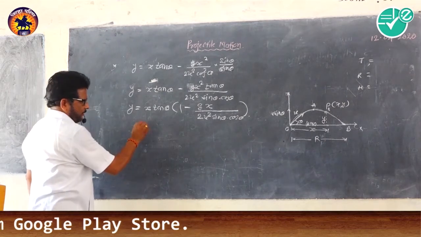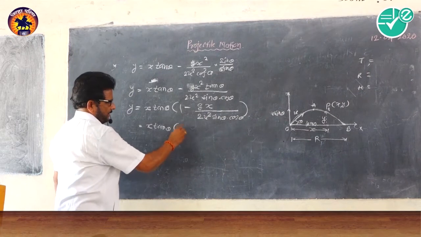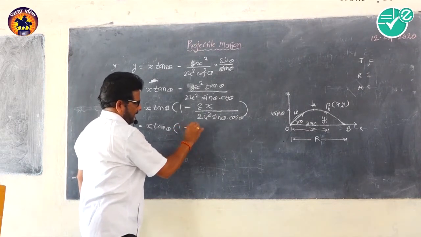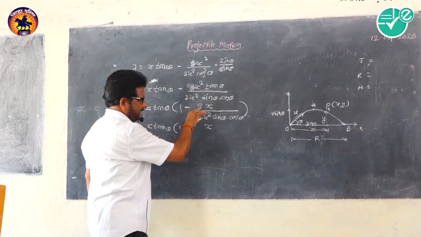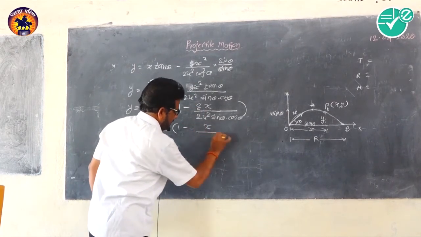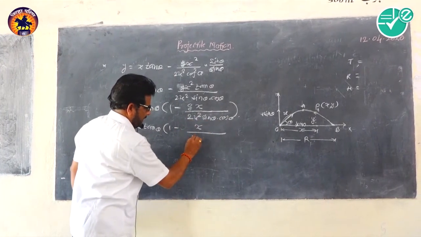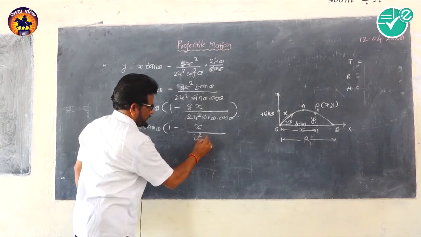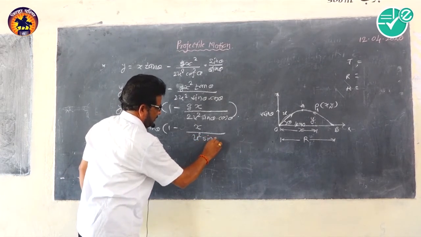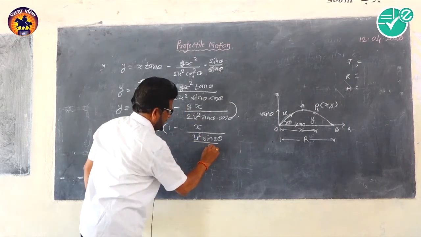Or we can write y equal to x tan theta into bracket 1 minus x, we take this g down, so 2 u square sin theta cos theta, that is u square sin 2 theta, and g comes down here.